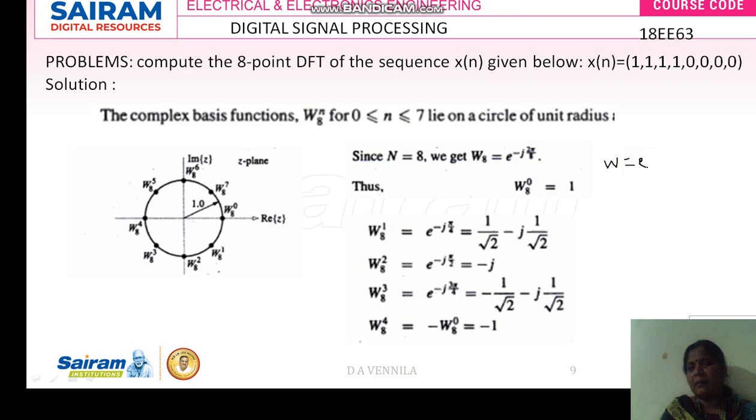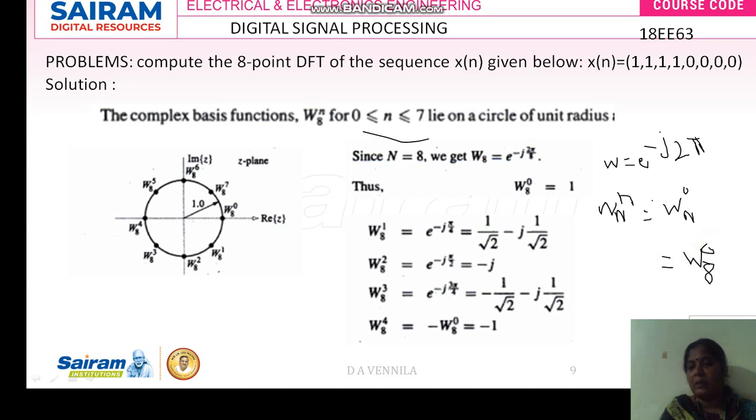So here we are having omega n, small n. The small n I am going to substitute, and the small n varies from 0 to 7. I am going to substitute small n equal to 0. So this will be omega N 0, and we know that N is equal to 8. So this will be omega 8 0.